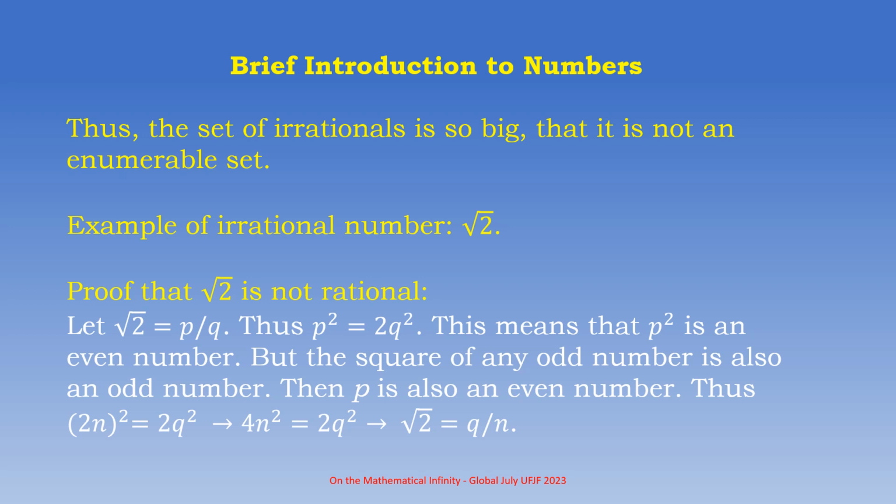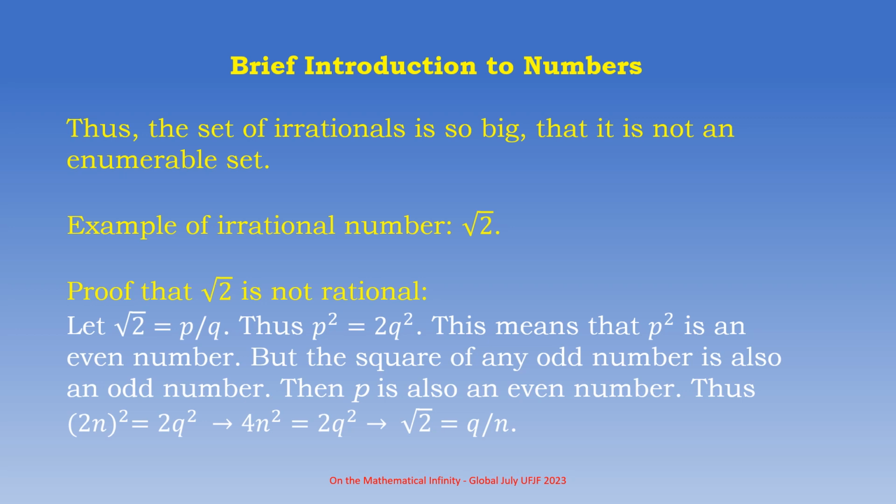So P is also an even number, because if it were an odd number, its square would give us an odd number also. But we know that P squared is an even number, so that's why P is also an even number. Thus, let us substitute in the place of P here in this equation.